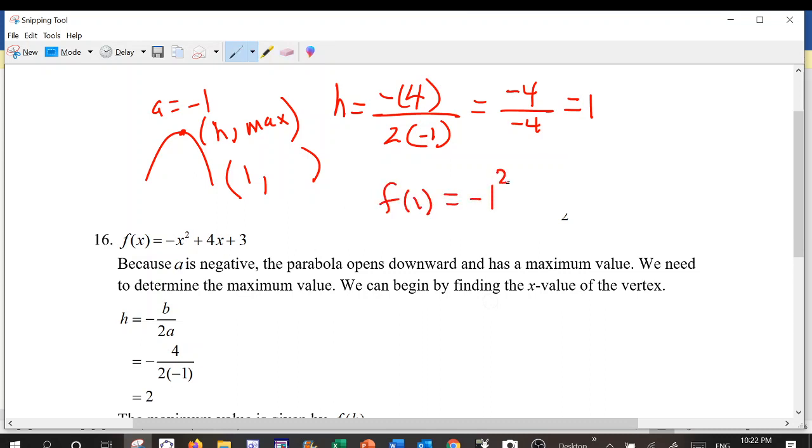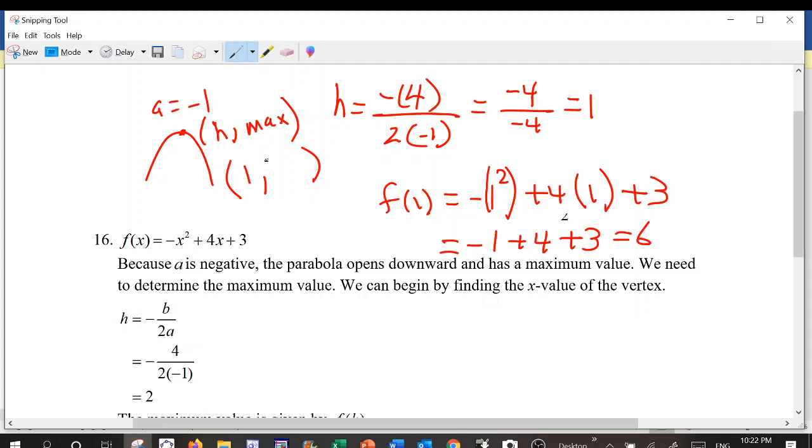It's negative 1 squared plus 4 times 1 plus 3. 1 squared is 1, and then the negative makes it negative 1, because the negative is not to the second power, only x is. So plus 4 plus 3, so that's 7 minus 1, which is 6.